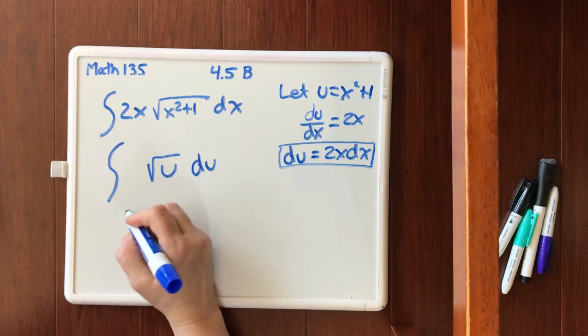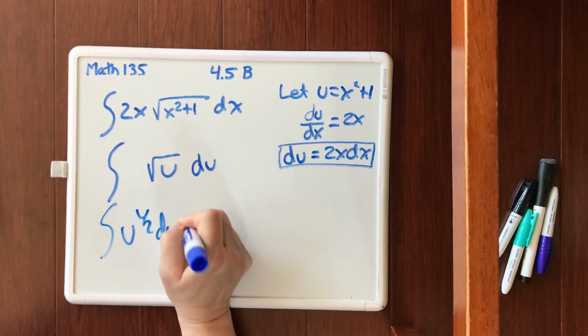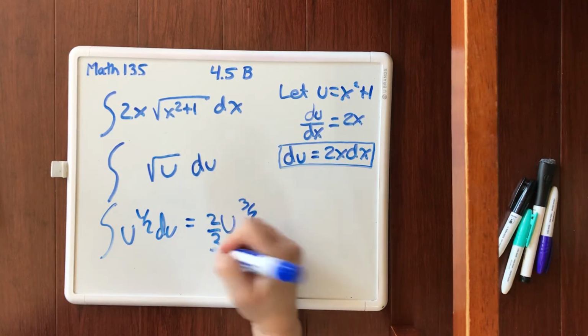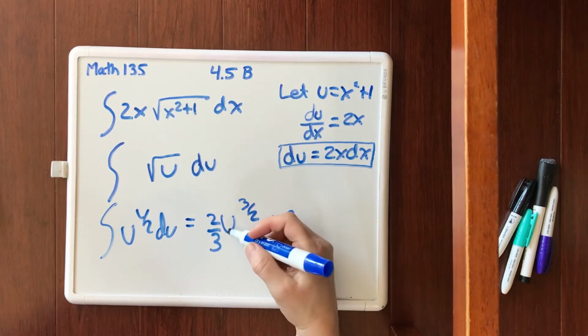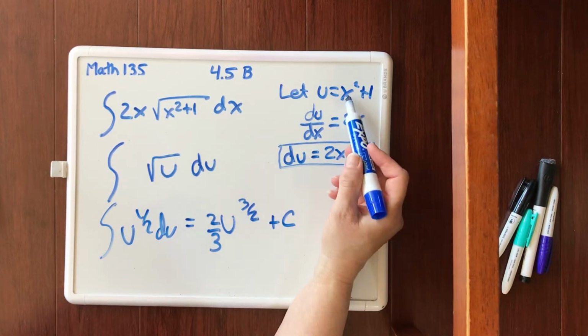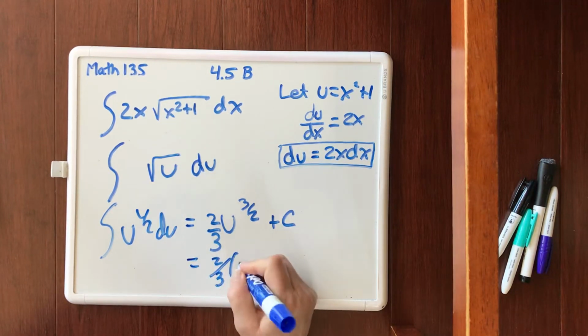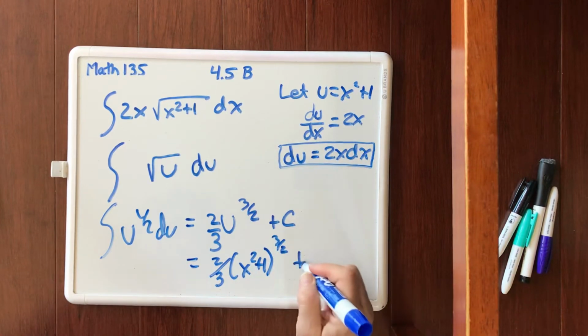Now we can integrate. Of course, we know this is u to 1/2 du. Integrating, we have u to 3/2 times 2/3 plus c. And now we can put back our x squared plus 1 for u. So that's 2/3 times x squared plus 1 to the power of 3/2, plus c.